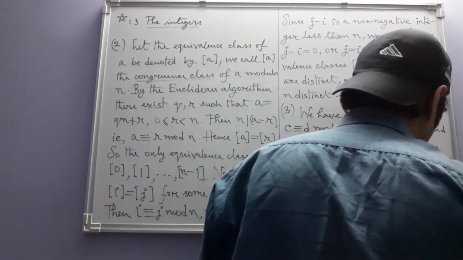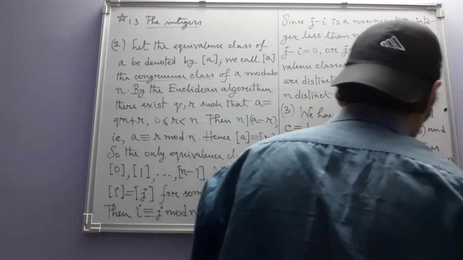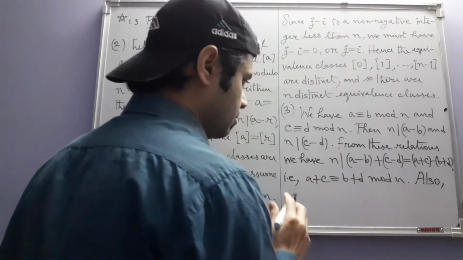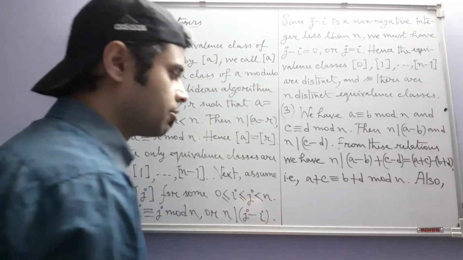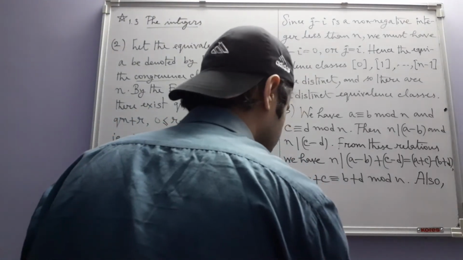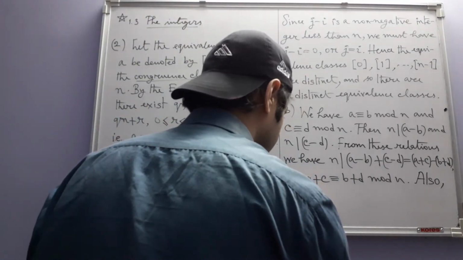Also, the next one is AC is congruent to BD mod n. So for that, you look at this.